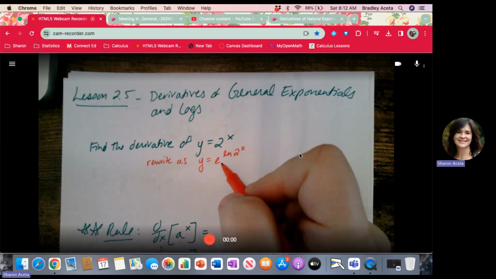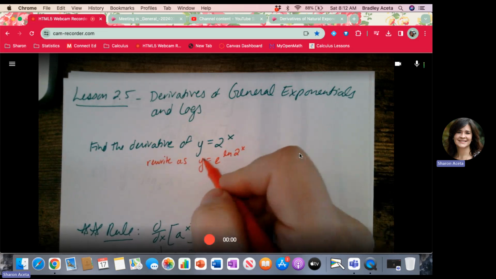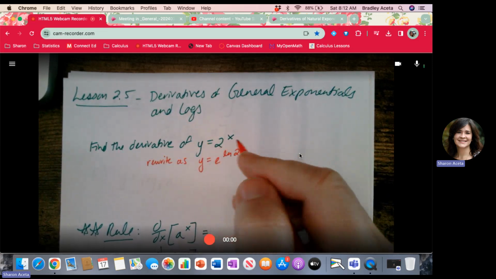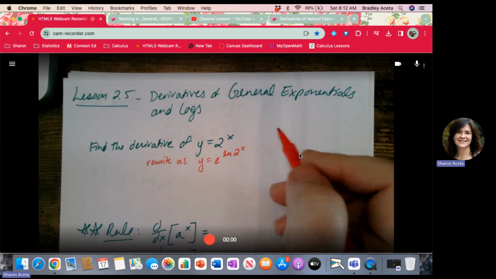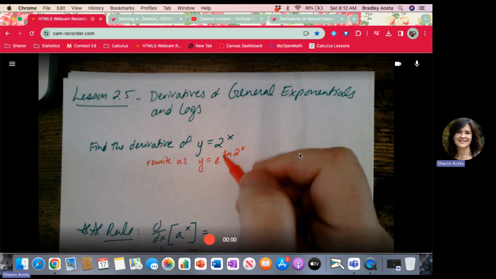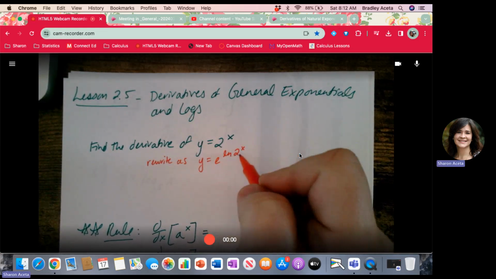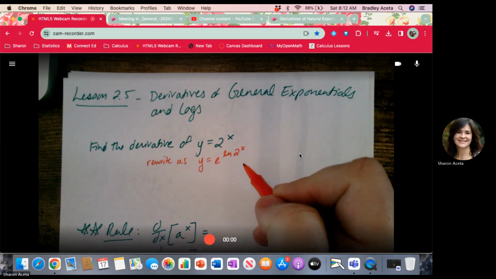Remember e and ln cancel? So I'm allowed to do that because it maintains the equality of the equation. You know, you can add one to one side and add one to another side. That maintains equality.